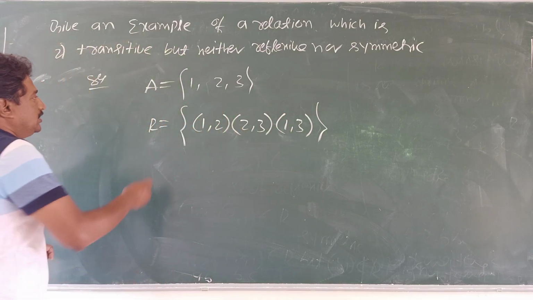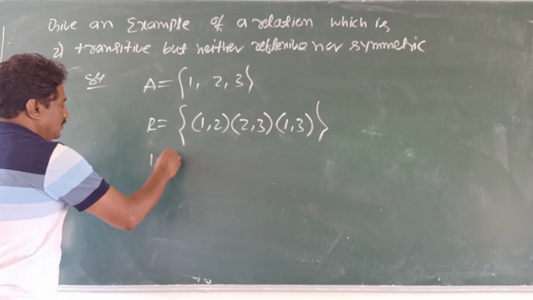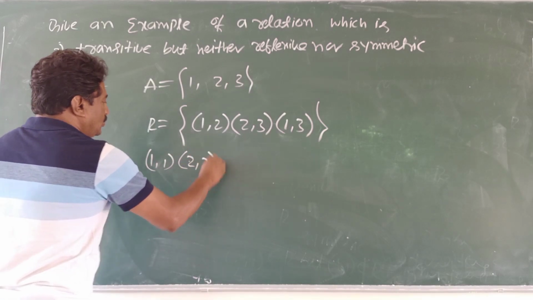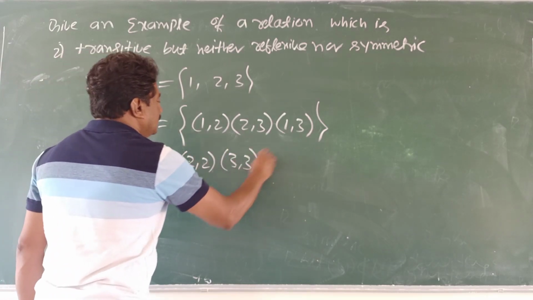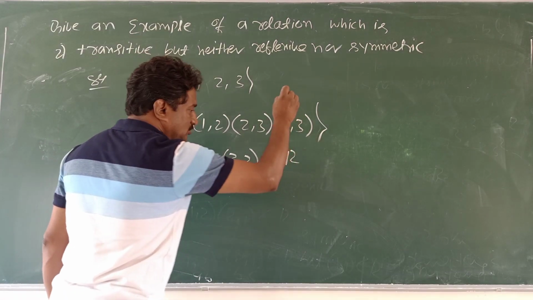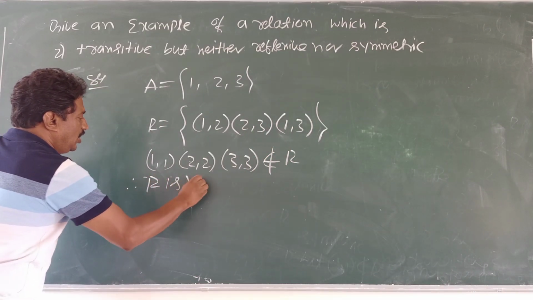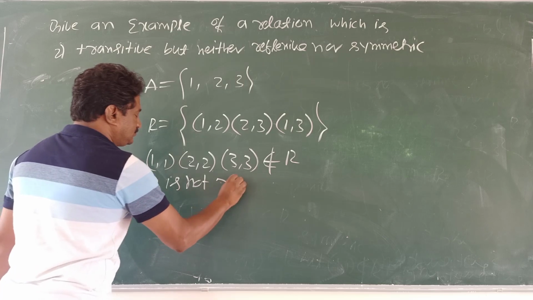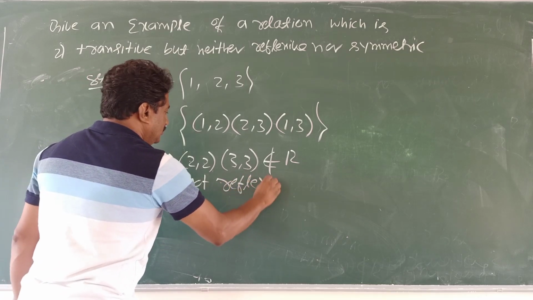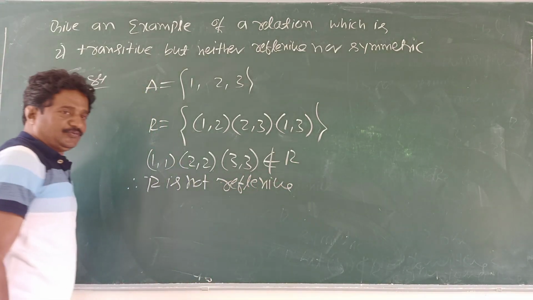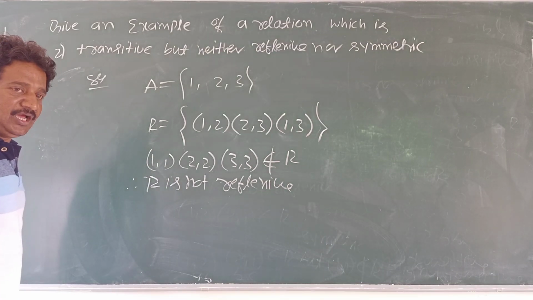And you go on writing: (1, 1), (2, 2), (3, 3) do not belong to R. Therefore, R is not reflexive. Is it symmetrical?